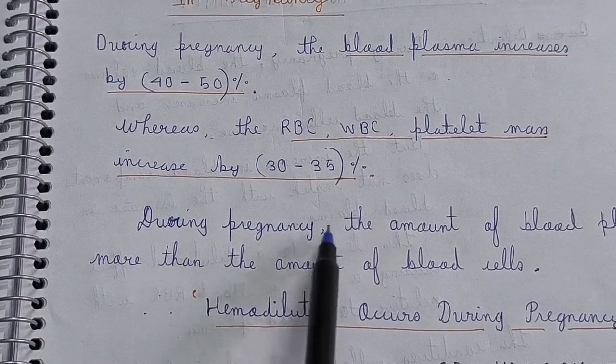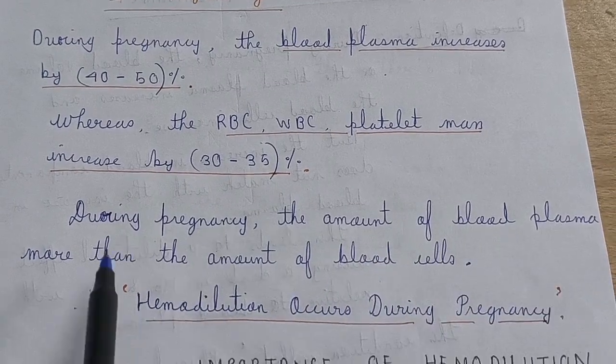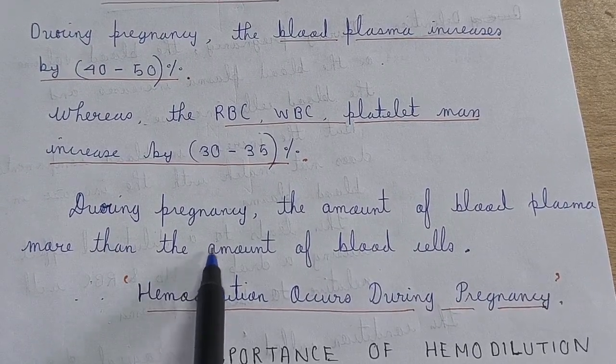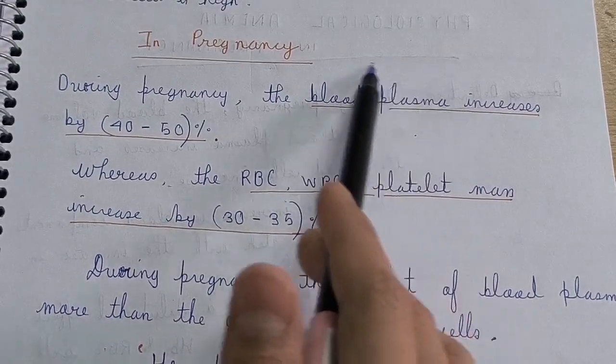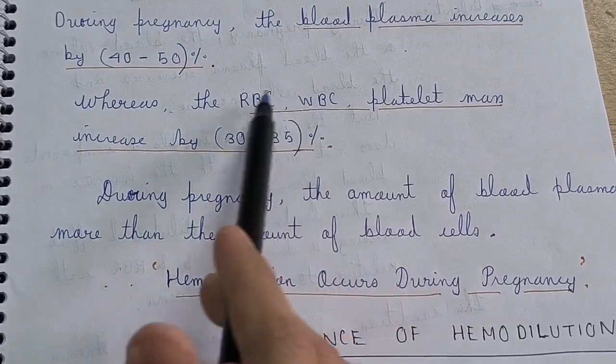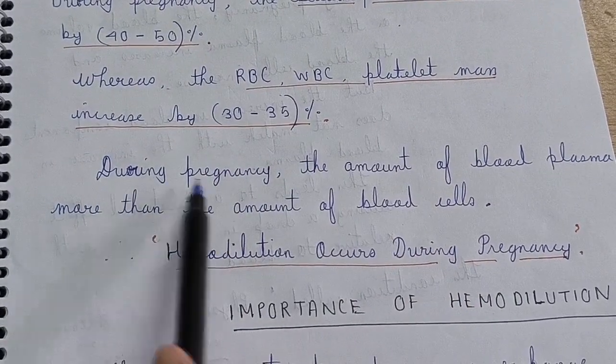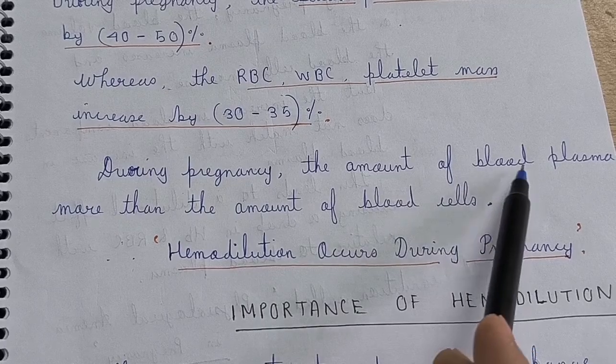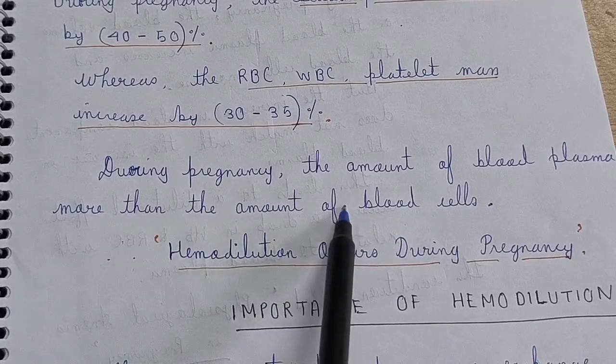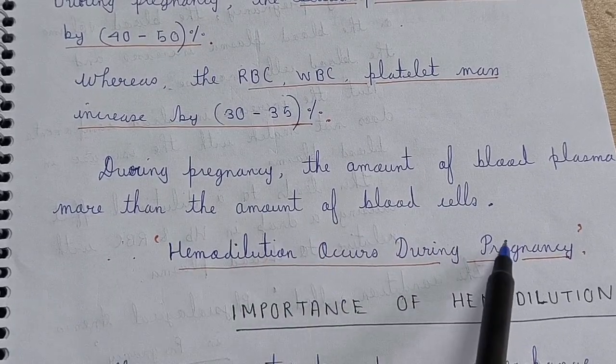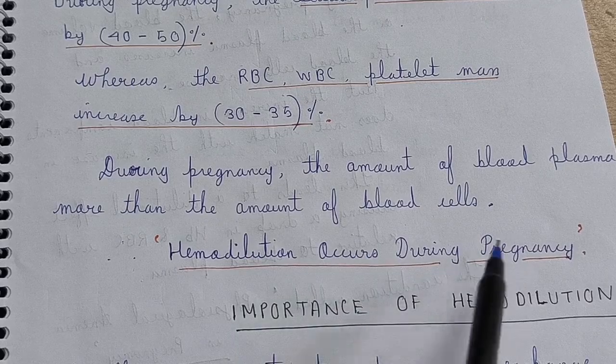So during pregnancy the amount of blood plasma is more than the amount of blood cells, as the increase of blood plasma is more than the increase of blood cells, and due to the greater amount of blood plasma than blood cells, dilution occurs during pregnancy.